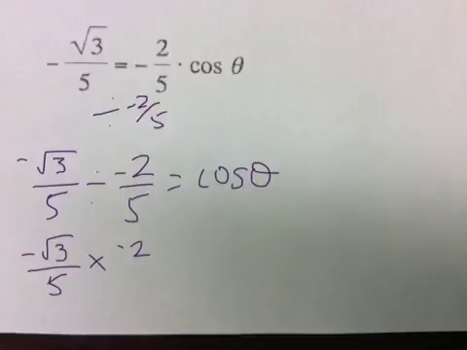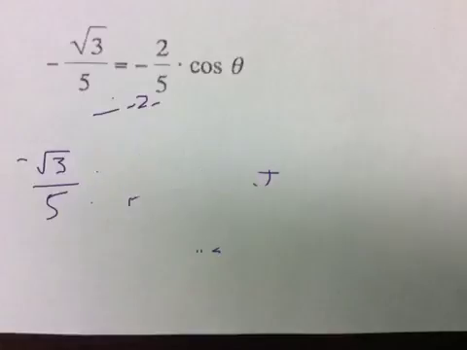Oops, got to flip the fraction. All right, so -5/2. So the 5's cancel, the negatives cancel, so I end up with √3/2. All right, so I'm going to be taking the inverse cosine of √3/2.